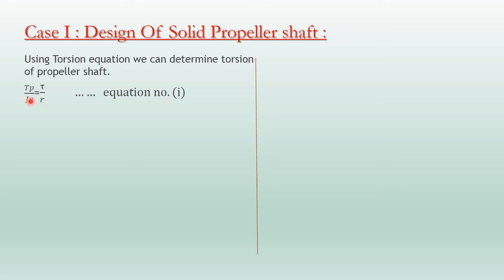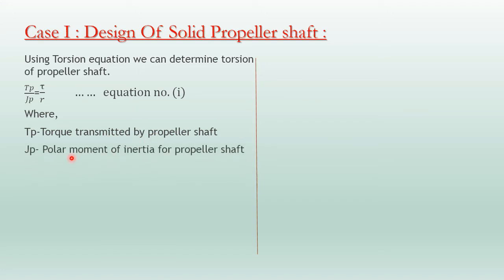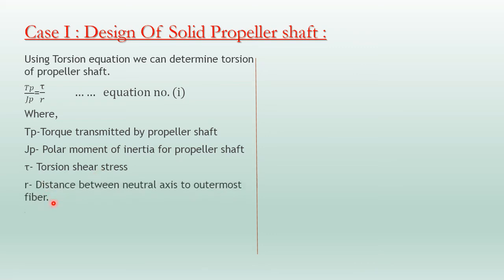we use here the suffix P for the propeller shaft. Where Tp is torque transmitted by the propeller shaft, then Jp is the polar moment of inertia for propeller shaft, then tau is the torsional shear stress, and R is the distance between the neutral axis to the outermost fiber of that propeller shaft.